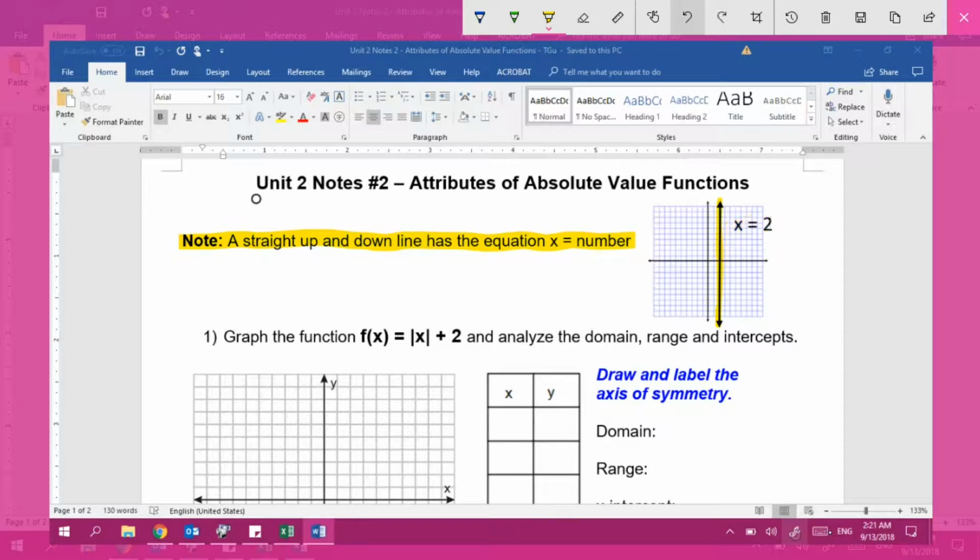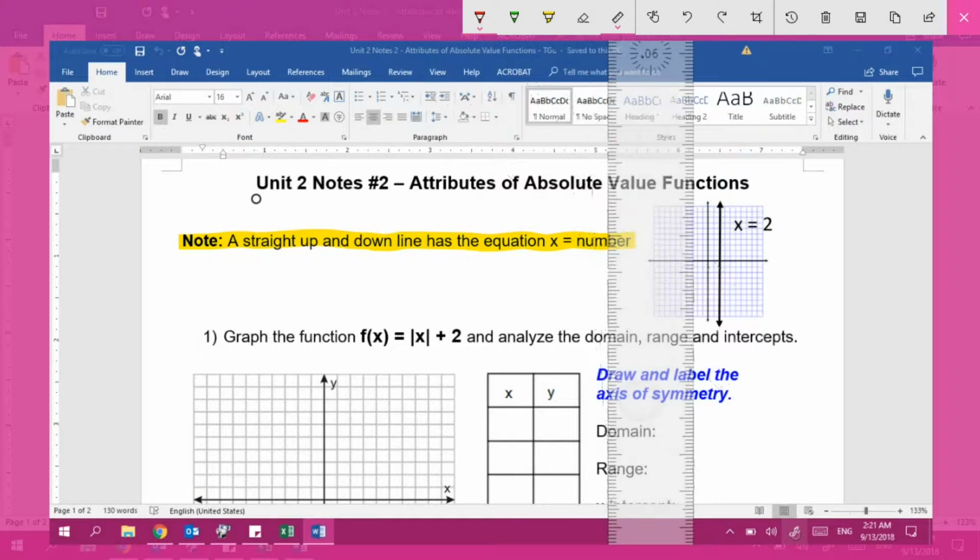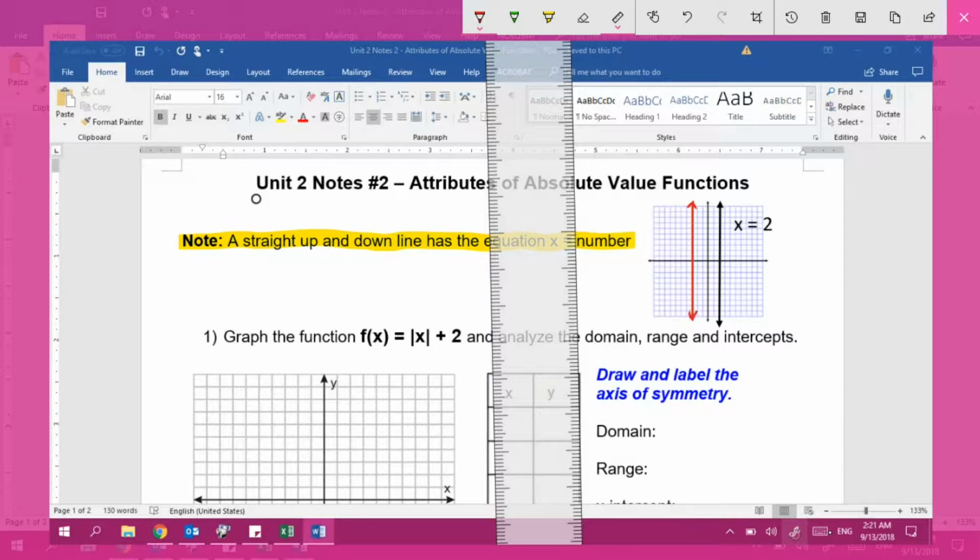So let's do a different example. What if my line was over here? In that case, my line would be x equals -3, because the location of this line is at x equals -3. Make sure you understand that a straight up and down line has the equation of x equals a number.